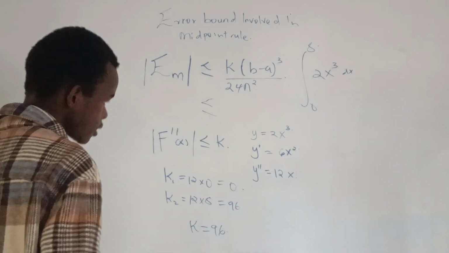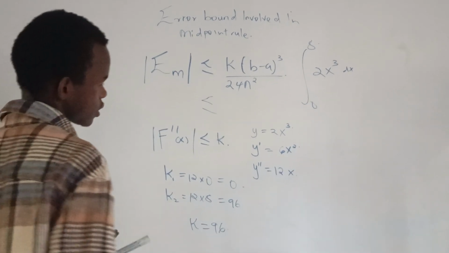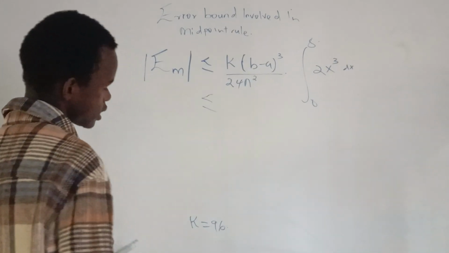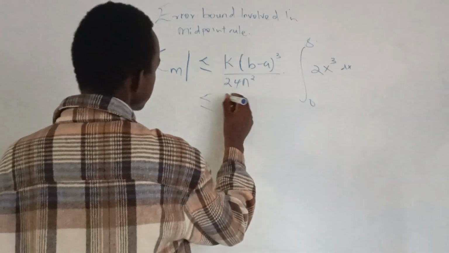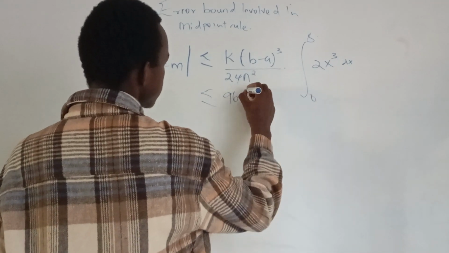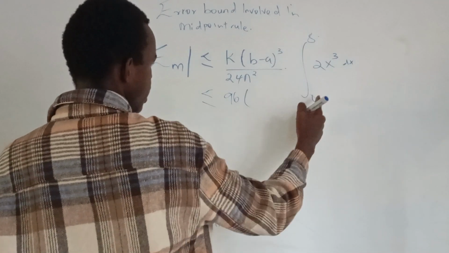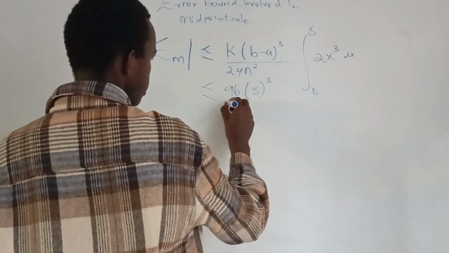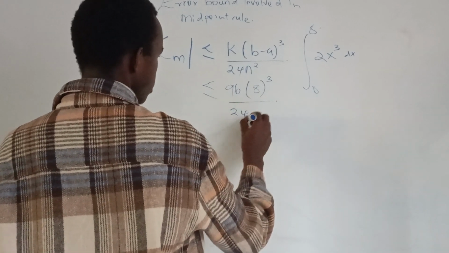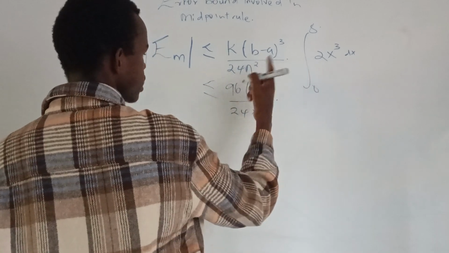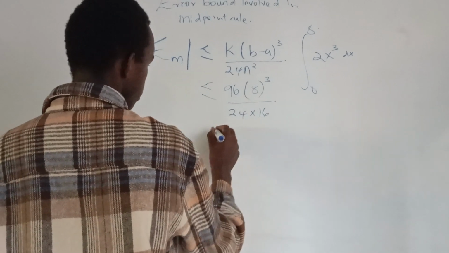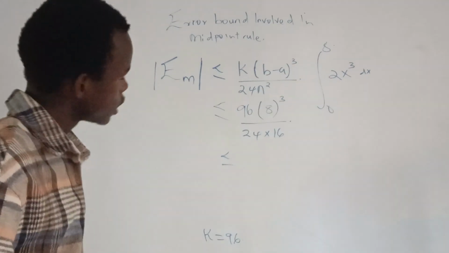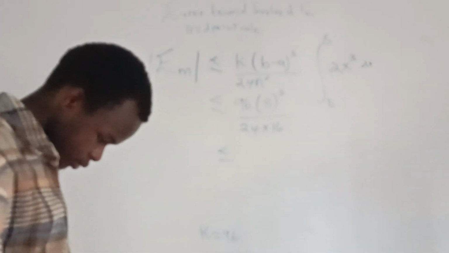Having that in mind, we'll write k, 96, into 8 minus 0, that is simply 8 raised to 3, divided by 24 multiplied by n squared, that's 4 squared, which is 16.